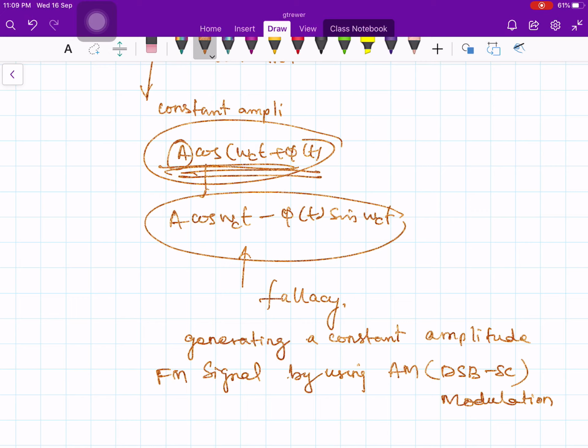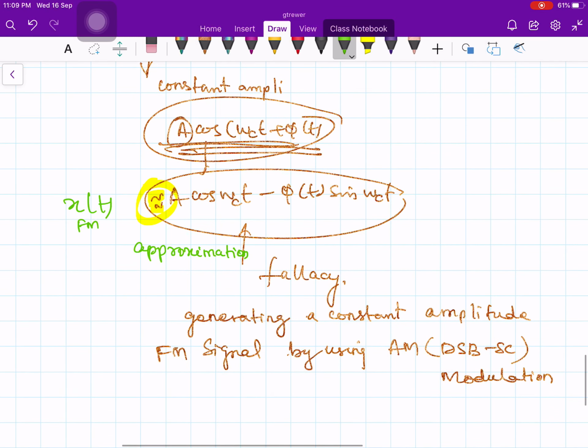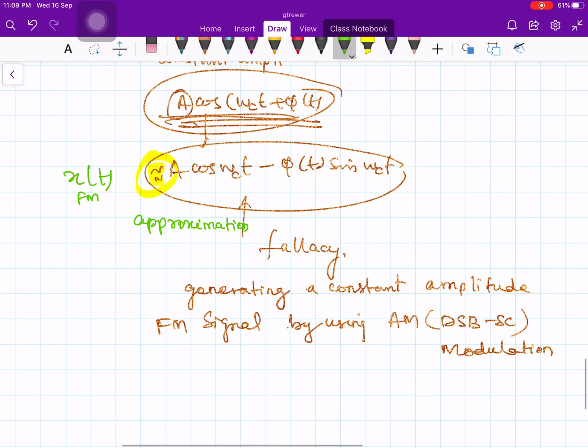So you may not remember that this is an approximation. This is not an exact equation. So your FM signal is an approximation. But to the extent that this approximation is valid, because we assumed phi of t is much less than 1, this signal will turn out to be approximately of constant envelope. Now you can ask me, what is the circumstance under which equation 1 is valid? We said this phi of t must be much less than 1.